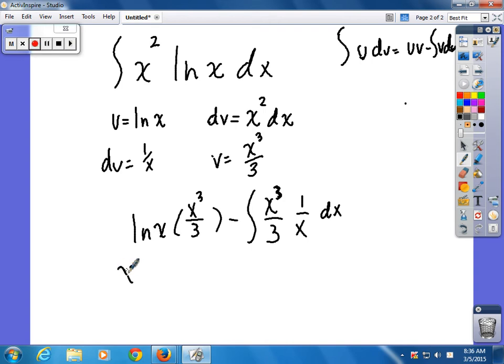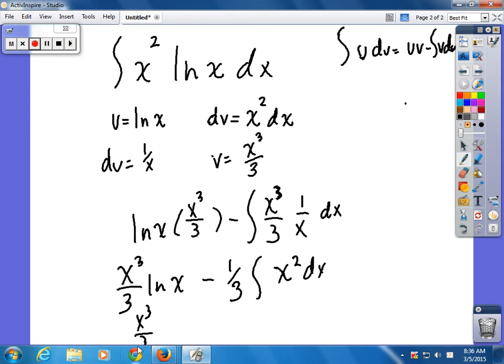X to the third over 3, natural log of x. Well, I'm going to pull the 1/3 out and go ahead and cancel that x. That'd be x squared. So minus 1/3, the antiderivative of x squared dx. And that's going to be x to the third over 3.